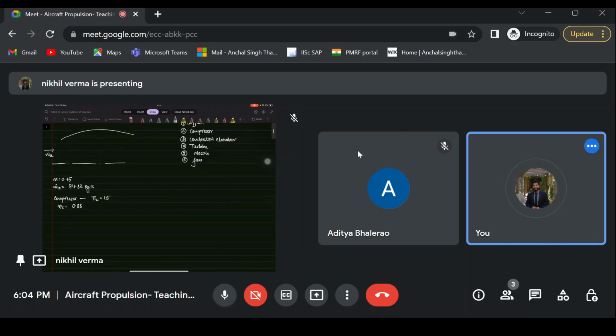Since it is axisymmetric, I'm just drawing the half part. So you have the fan, you have the central shaft. So this is the fan.